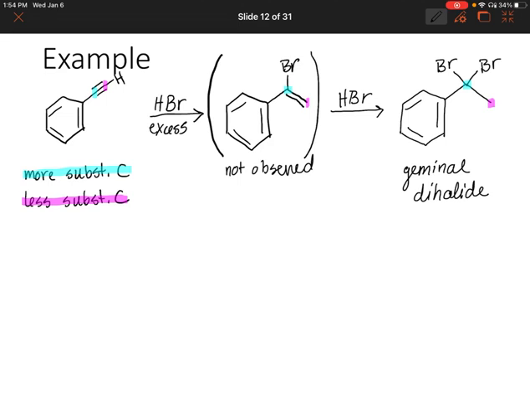Now, speaking of preparation of alkynes, how could we go from a geminal dihalide all the way back to our alkyne? What was the reaction that we did? So we needed a really strong base in order to perform those elimination reactions.